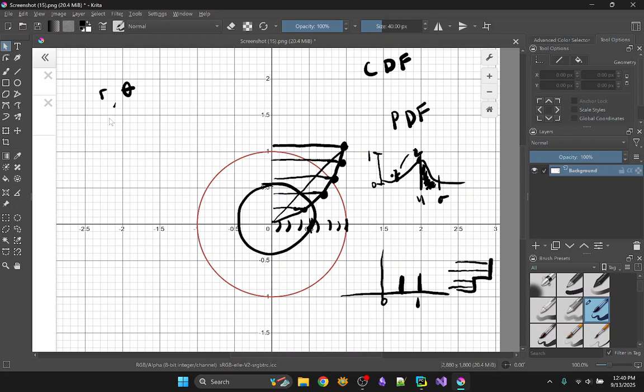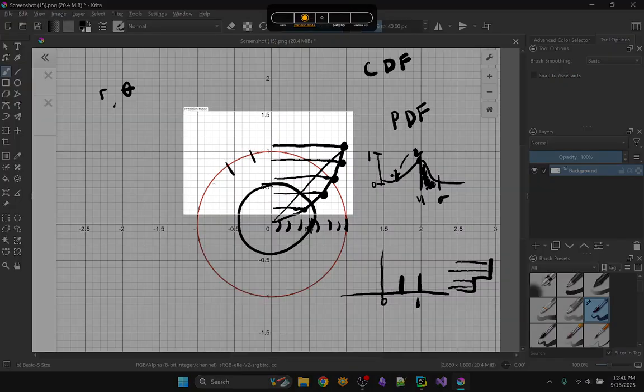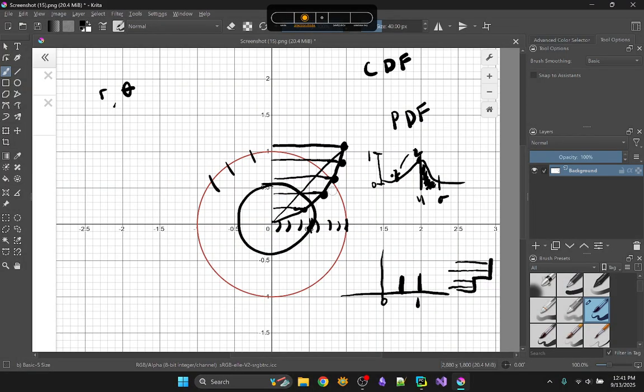So now we've chosen a random radius in the circle, so to speak. And once we've chosen a random radius, choosing the theta, the angle around the ring, is just choosing a completely uniform random value for theta, because a circle is radially symmetric. And that would give you a random point in the circle.